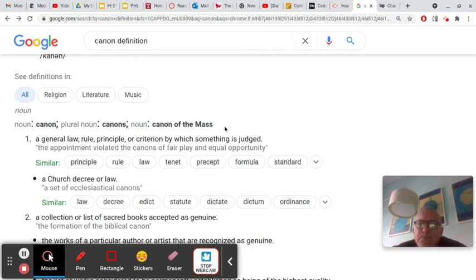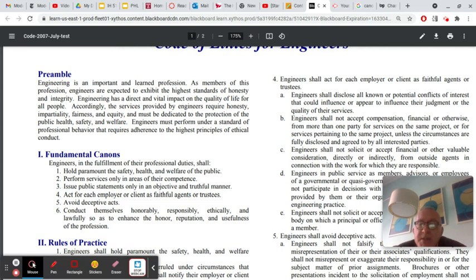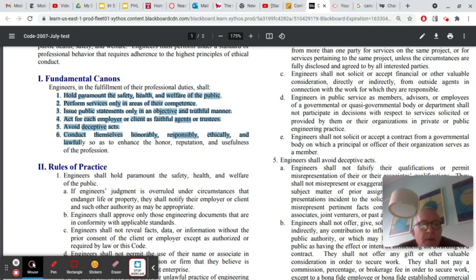If we look at the NSBE Code of Ethics, the fundamental canons are the basic guiding principles and ideas that structure most of the rest of the NSBE Code of Ethics. For instance, if you see the structure, and this is just going over material that I covered in the videos, the six canons are laid out, and then the second part of it, the rules of practice, are simply a specification or an elaboration on the first five canons.